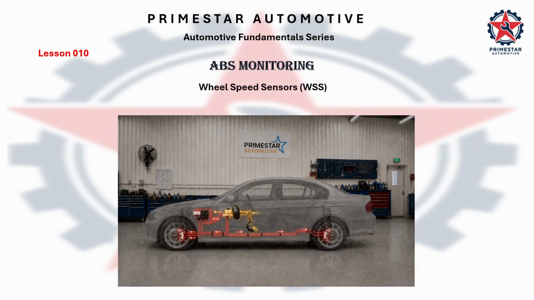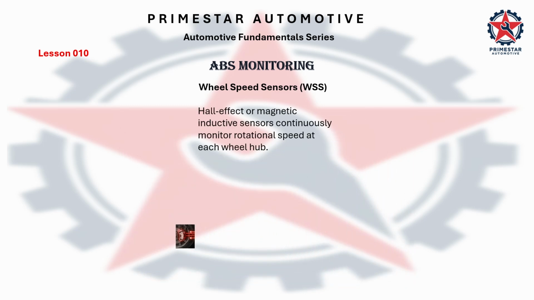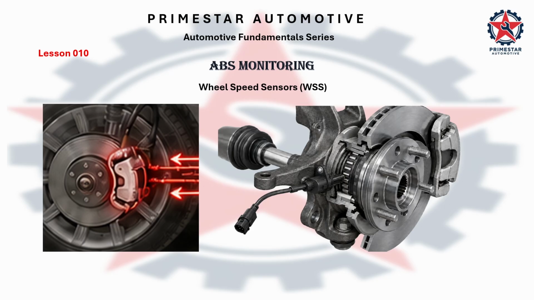Wheel speed sensors. A Hall effect or magnetic inductive sensor continuously monitors rotational speed at each wheel hub. Here is what a wheel speed sensor looks like in actual.